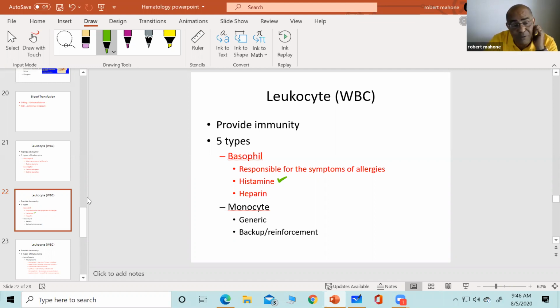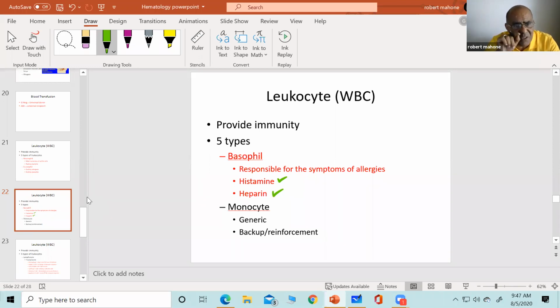Now, did y'all know that when you get a mosquito bite, the mosquito doesn't put anything into you? It only takes out blood. Then why does the thing itch and swell up? Histamine and heparin.